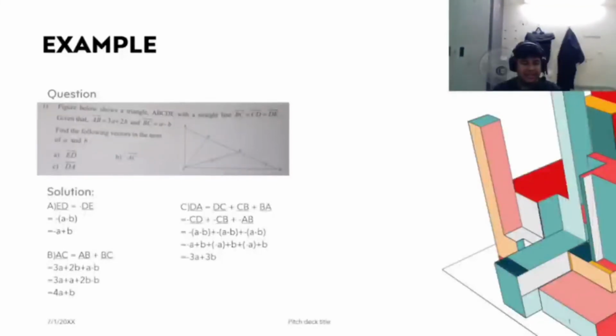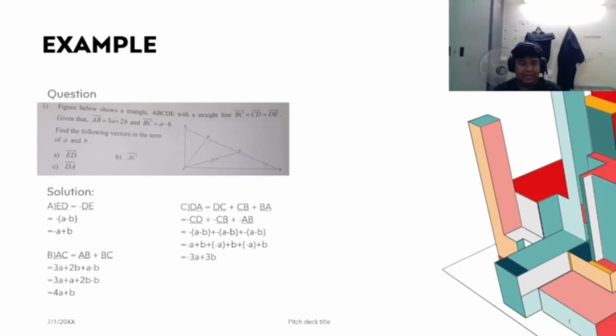Next question, b, vector AC equals vector AB plus vector BC. For this question, I am given the answer for vector AB and vector BC, so we just need to add them. So the answer we will get is 4a plus b.